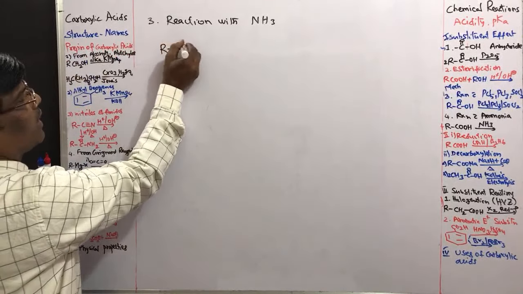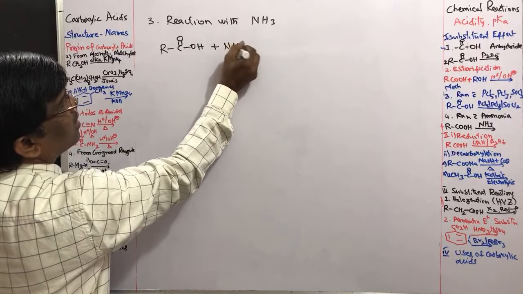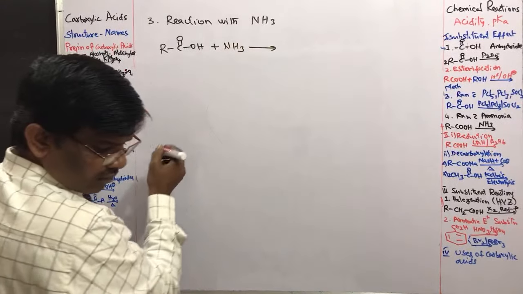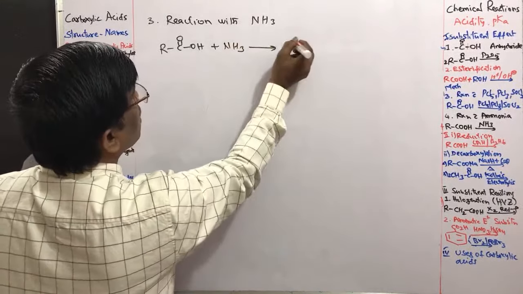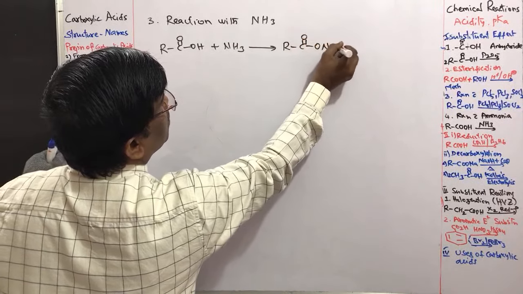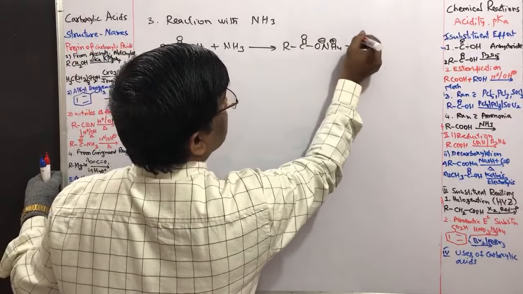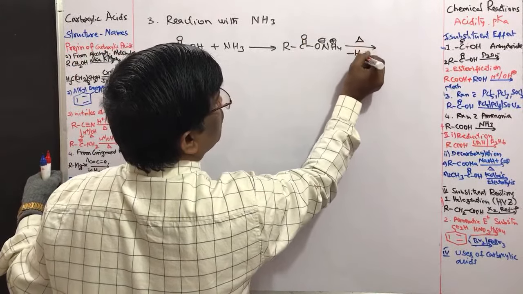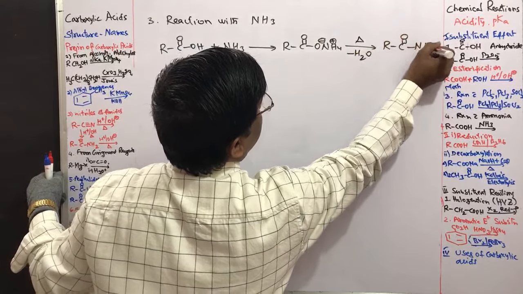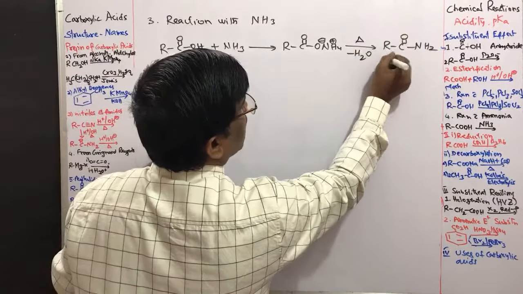For example, if I take acid plus ammonia, it is going to form RCOO minus NH4 plus, and when I heat it, it is going to lose water to give amide, RCONH2. Write down amide.